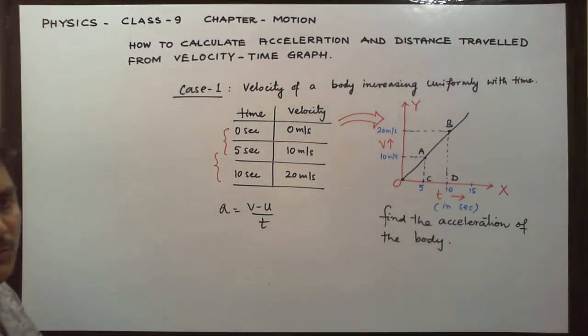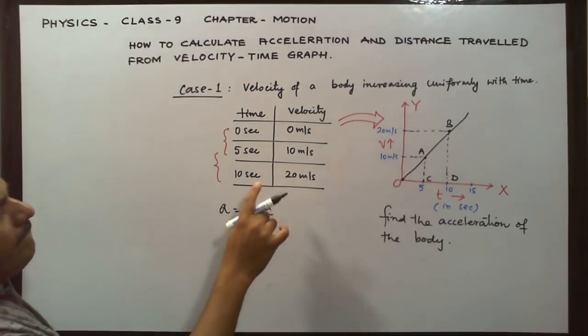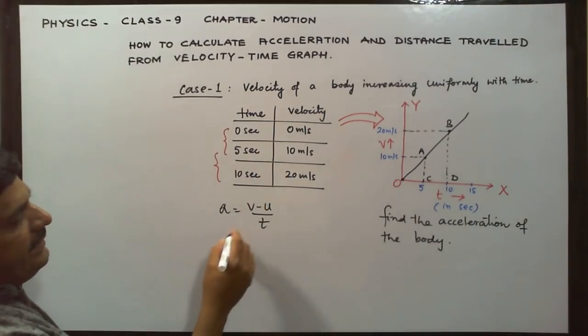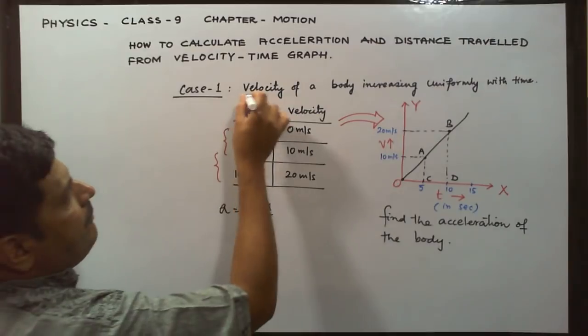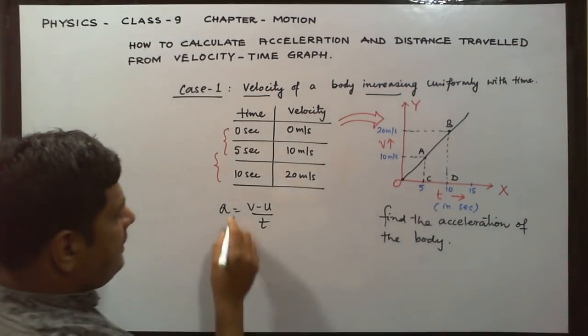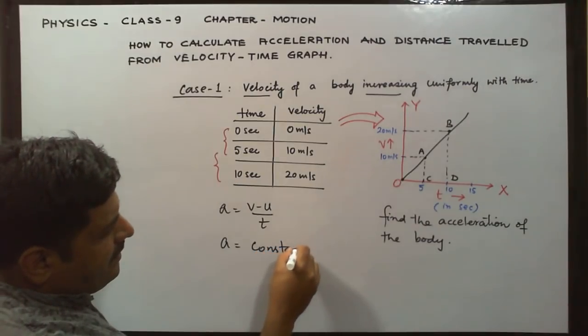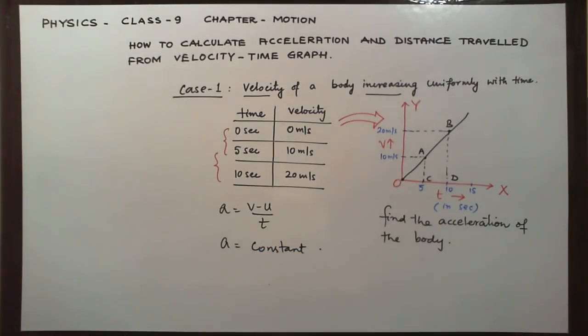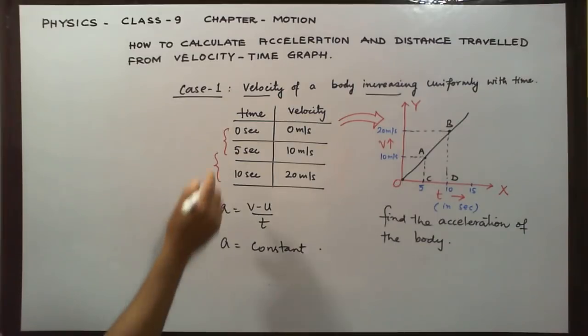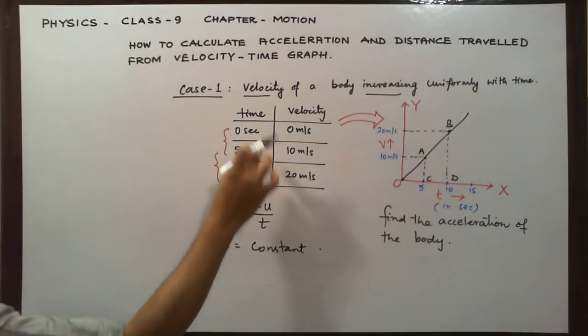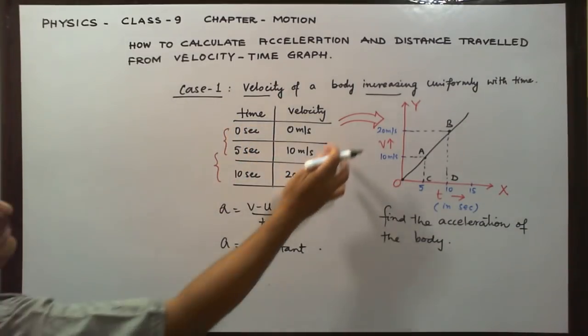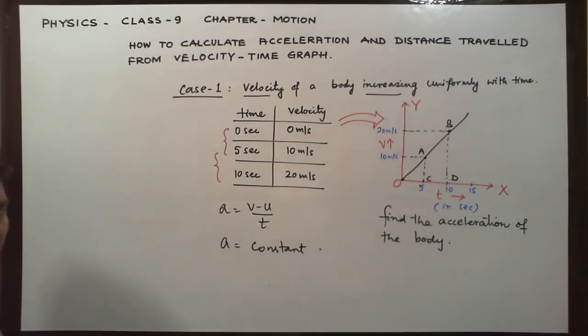This is already known to you. Here there is a uniform increase in velocity, therefore a must be constant. Why? Because for equal increase in time, we have got equal increase in velocity also. So acceleration is constant.